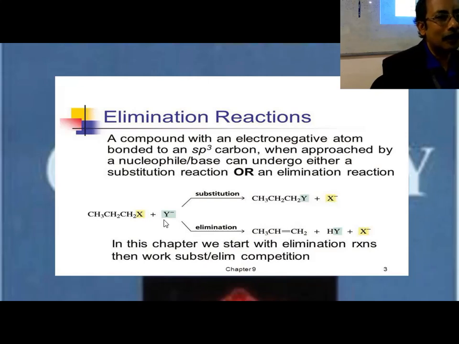Whereas if you give the condition so that substitution will be prominent, in that case it will be 60-40. Major minor, fine, but only one factor, no? The other factor is in the opposite direction. That's why you get only a 60-40 product. There also you are calling it major minor. But 60-40, 80-20, I told you for your understanding. That I cannot tell you exactly; it will depend on the molecule.